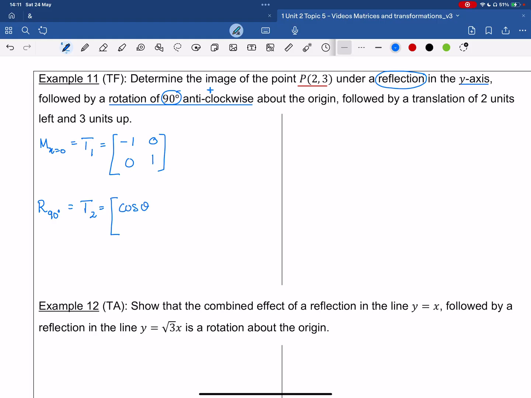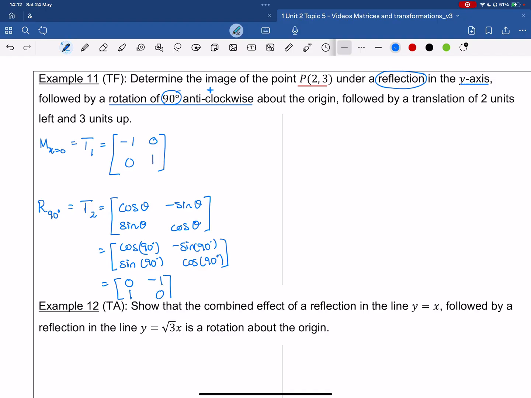So cos of theta, negative sine of theta, sine of theta, and cos of theta, and that's going to be cos of positive 90 degrees, negative sine of positive 90 degrees, sine of 90 degrees, and cos of 90 degrees, and cos of 90 is 0, sine of 90 is 1, so we get 0, -1, 1, 0.